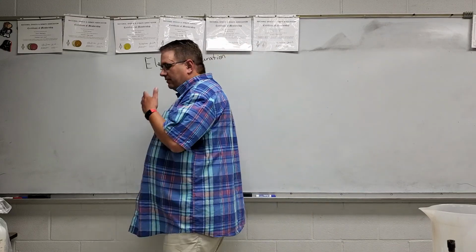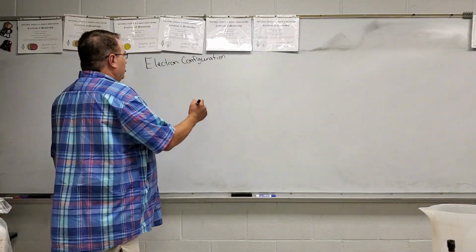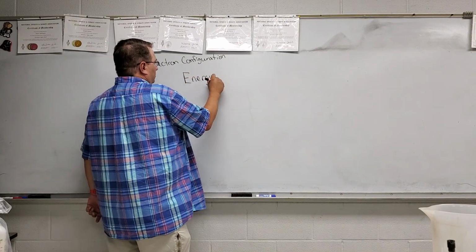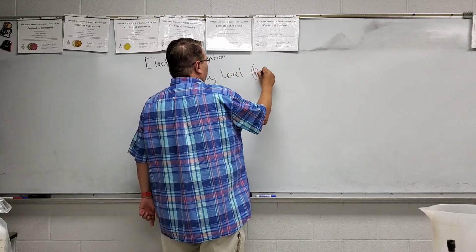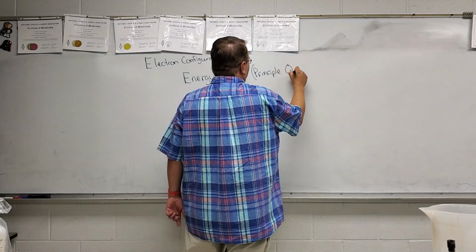All right, there are some concepts we need to know first before we get into the actual configurations. First one is called energy level. It's also called principal quantum number.